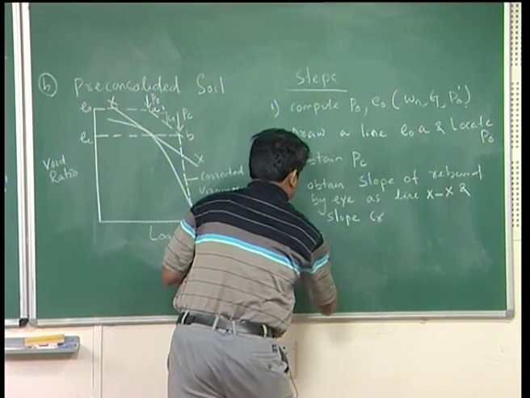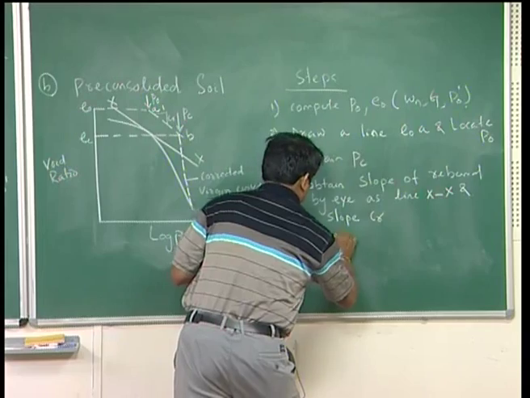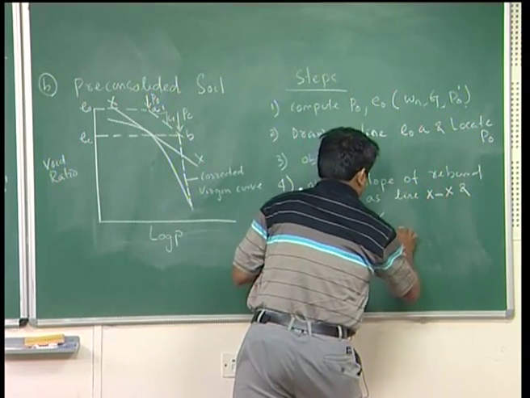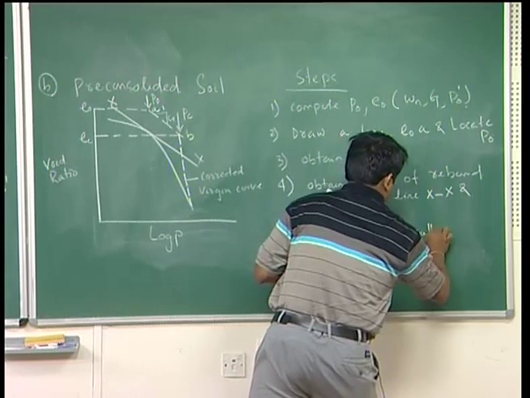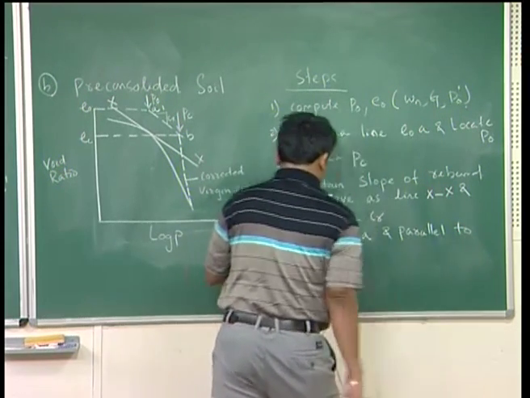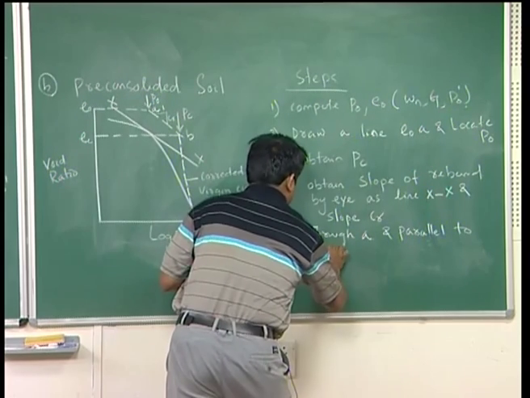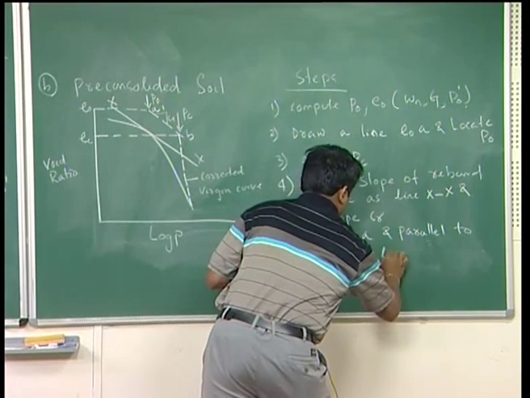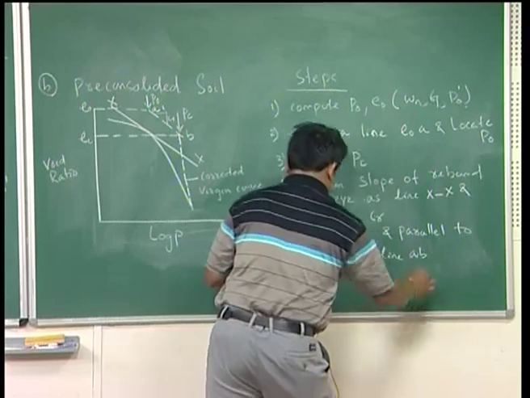Through A, parallel to xx, draw line AB.